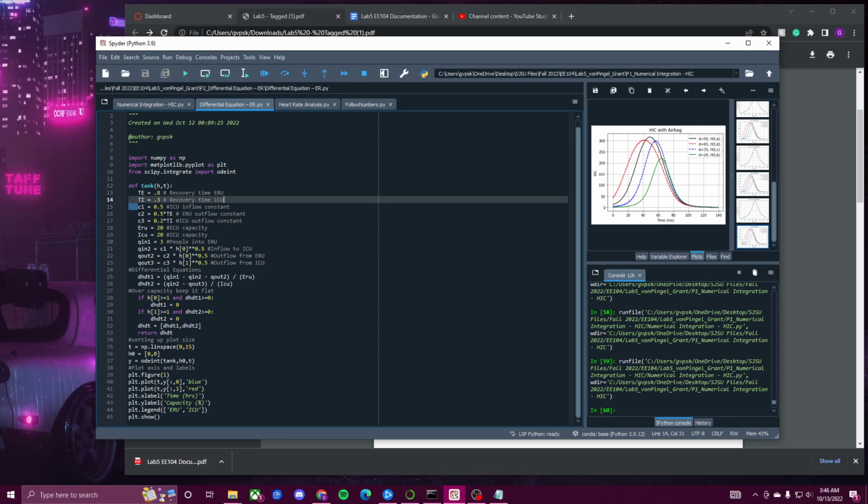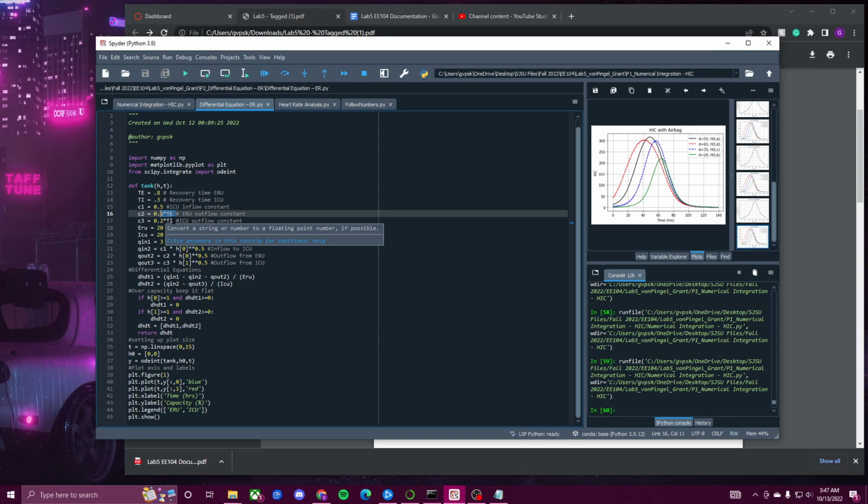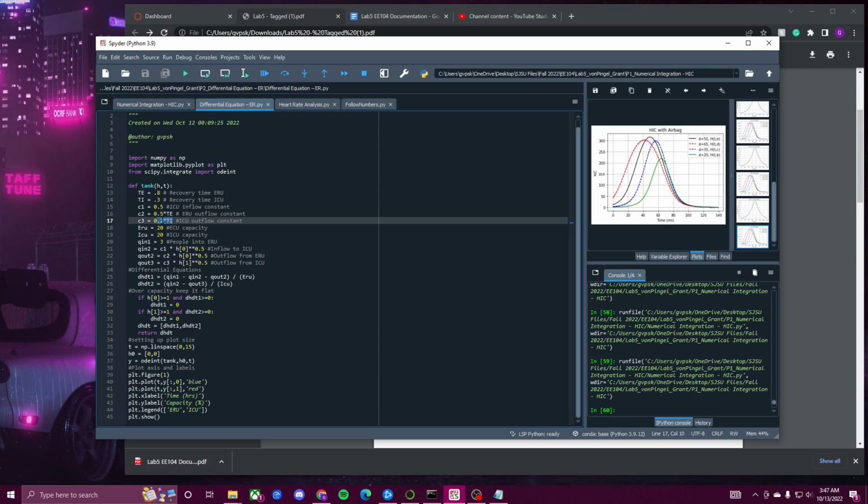And during both outflows, there is the constant, so 0.3 will slow it down more and 0.8 will not slow it down more. So it takes less time to recover in the ERU because the injuries are probably less bad, and the ICU takes way longer. So that's why it's 0.3, which delays the amount of space available by taking more time for each person to be inside of the ICU.